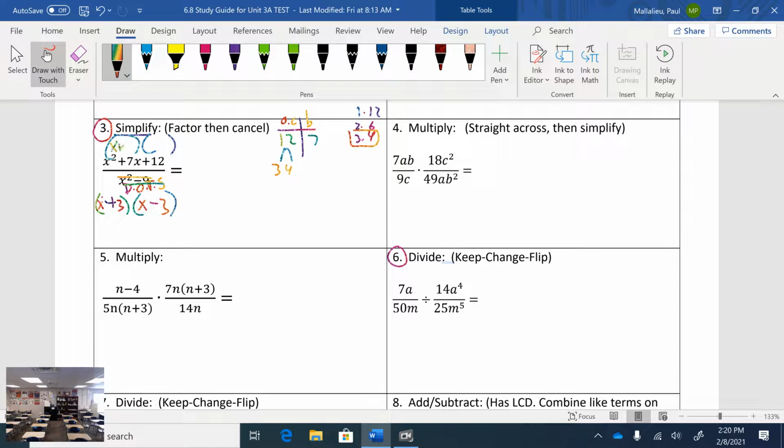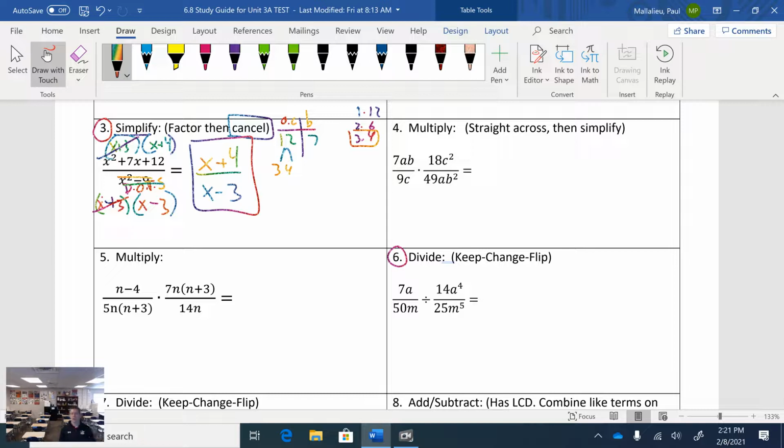So that would leave us with x plus 3, x plus 4. Then if something is the exact same, that's where we simplify or cancel them out. All right, so we have an x plus 3 and an x plus 3. Those can be canceled out, so we're left with x plus 4 over x minus 3. So that would be a simplify style problem.